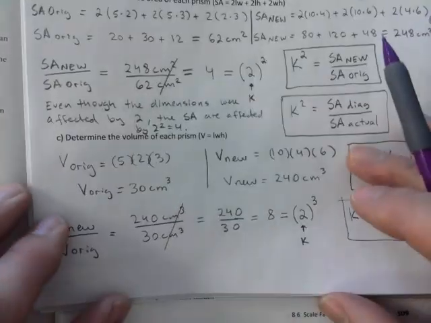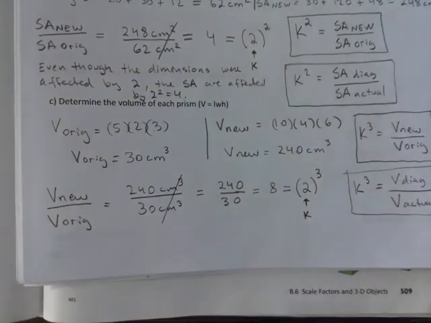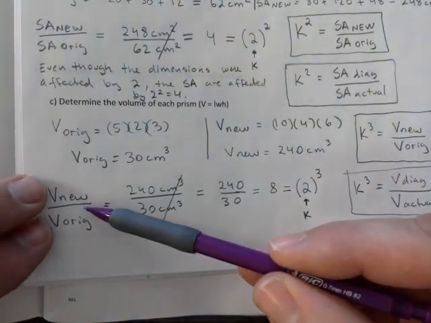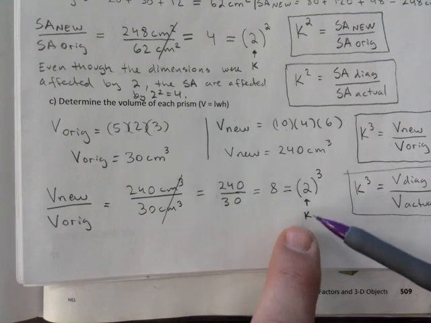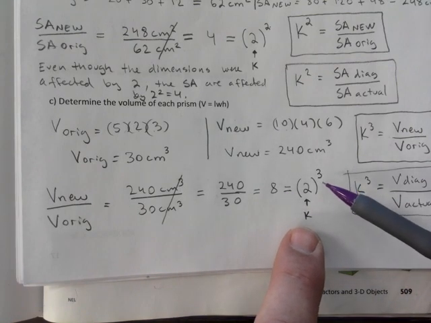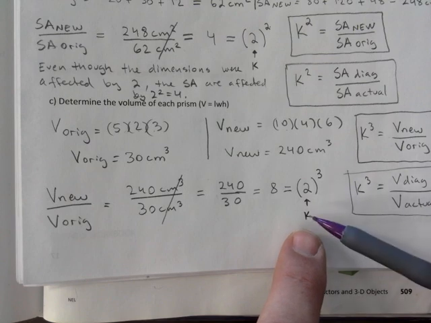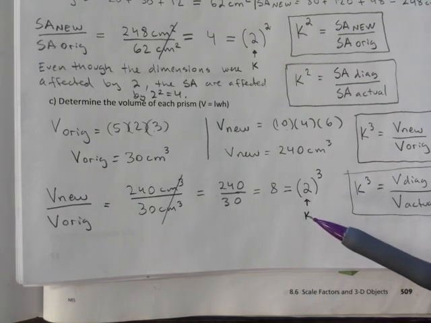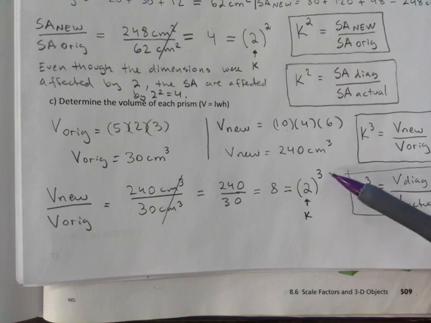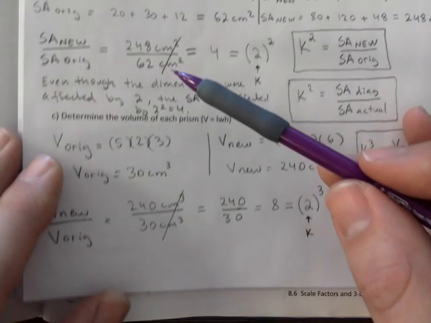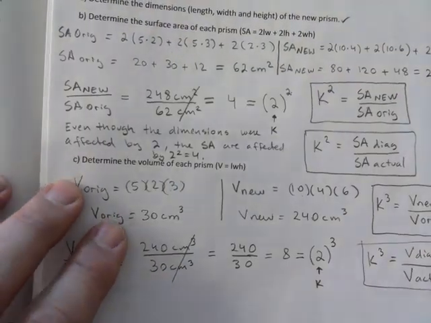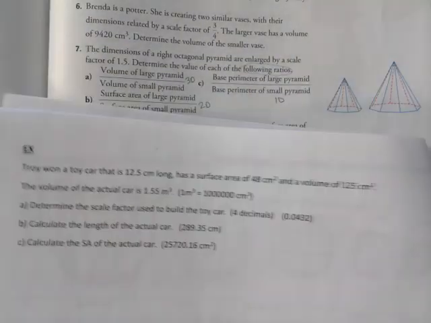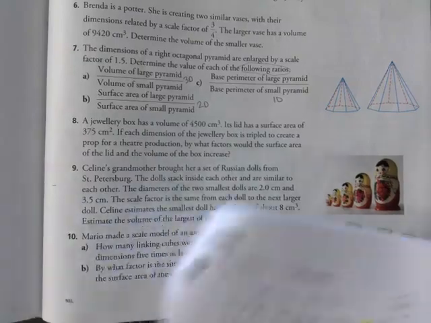If you divide the volumes of the similar shapes, you end up getting, in this case, 8, which was really k cubed. Are you following me here? When you divide the volumes, you're going to get k cubed. When you divide the surface areas, you're going to get k squared. So what this question is trying to do here, back to 25, okay?